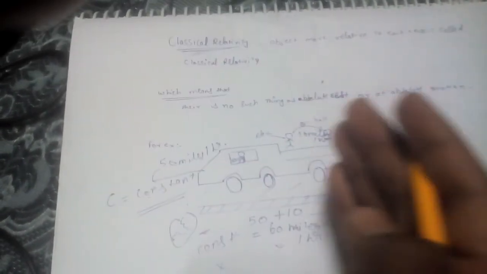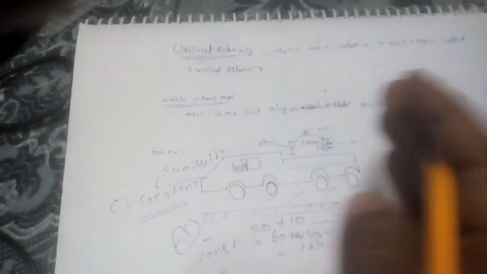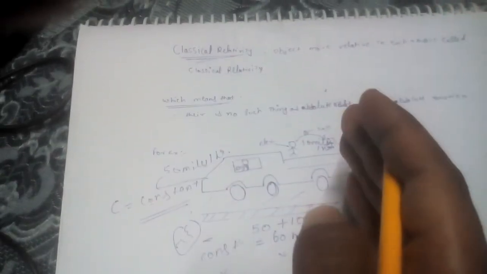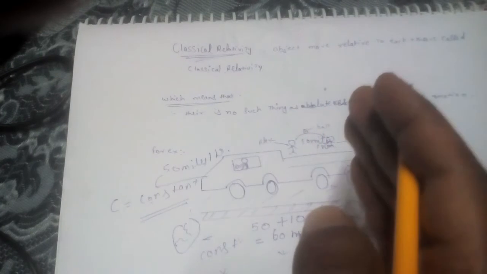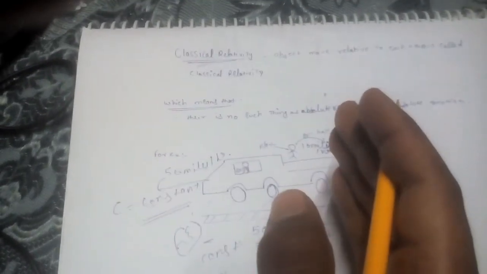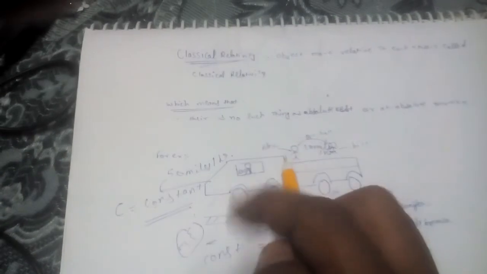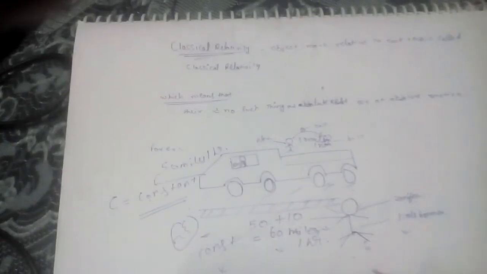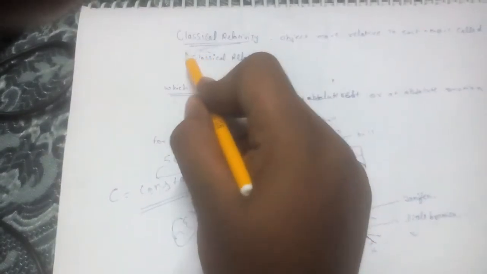The galaxy is also constantly in motion. Therefore, nothing is ever at absolute rest or absolute motion. Things just move relative to each other. This is called classical relativity.